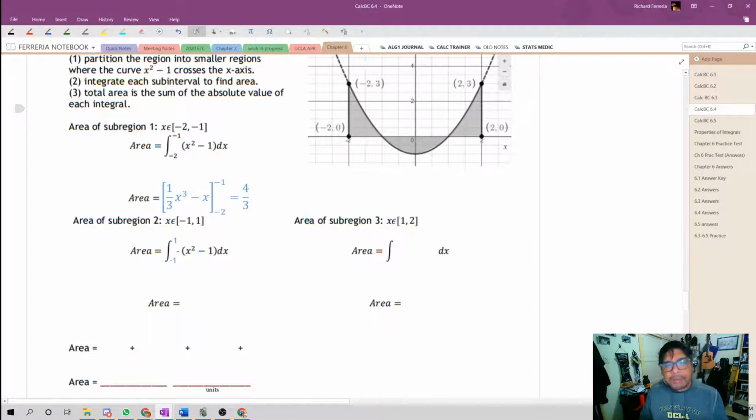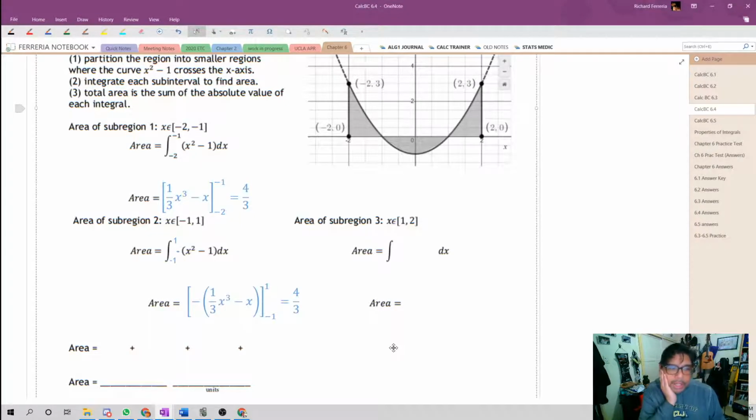Now, there's a couple different things you can do to make this antiderivative evaluate to be positive. I'm just choosing to put a negative sign in front of the antiderivative to make that all work. Okay, once we've done that, our antiderivative is just going to be the same antiderivative with a negative sign in front of it. And when we go from -1 to 1, we again get 4/3, which is kind of mind-boggling, really, when you think about it.